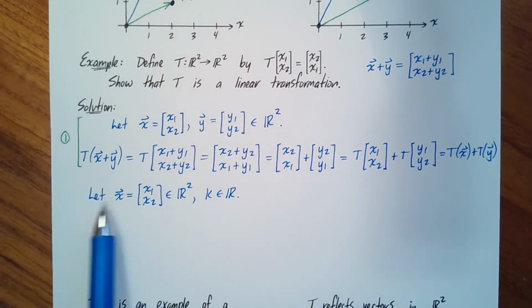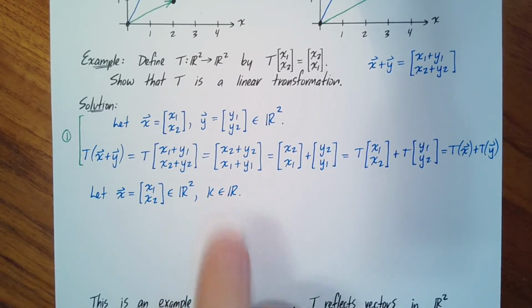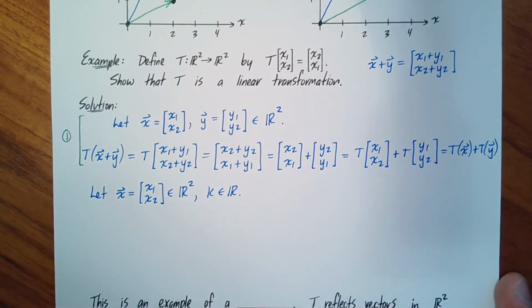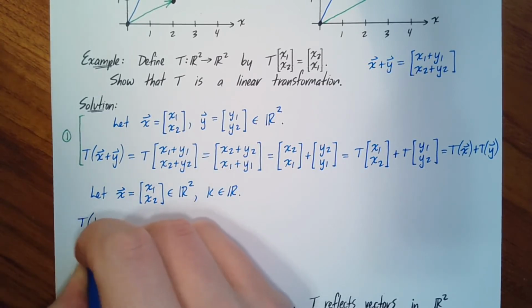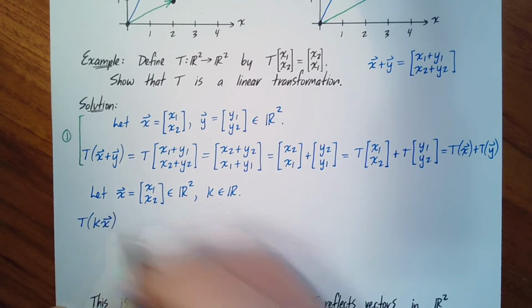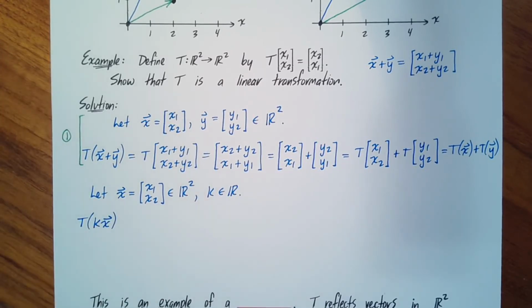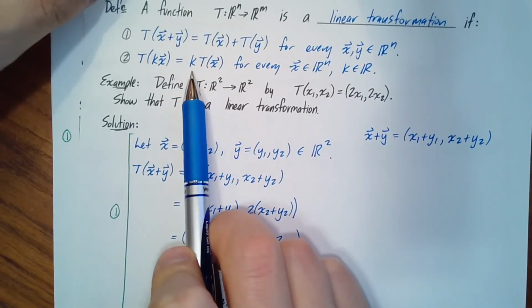So if I just say let x be in R2 and I say nothing else, then that means it's an arbitrary vector in R2, and we're not assuming anything special about it. And same with the scalar k. We're not assuming anything special about it other than the fact that it's a real number. So now we're going to work out T of kx, and we're going to see if that gives us k times T of x, right?